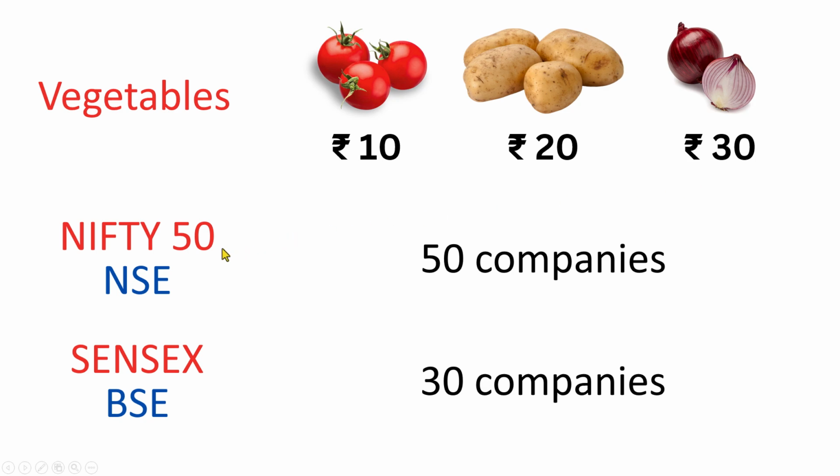Now the Nifty 50 index gives you an idea of how the price of stocks of 50 companies is moving. Okay. And similarly, the Sensex index gives you an idea of how the price of stocks of 30 companies is moving. Alright.